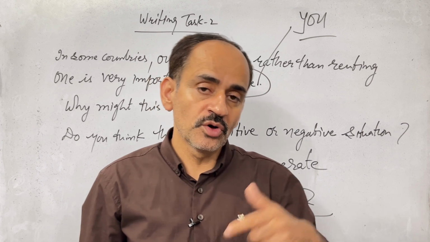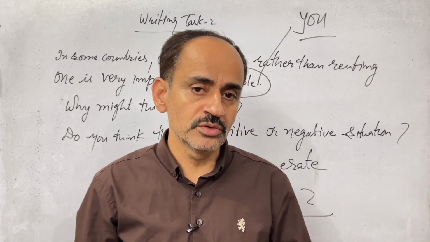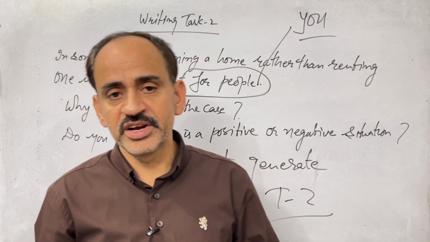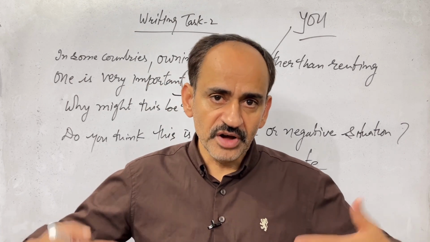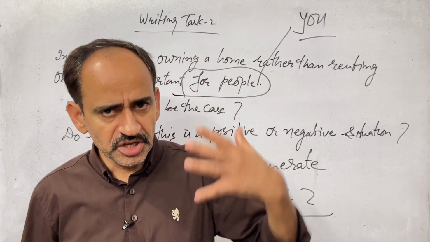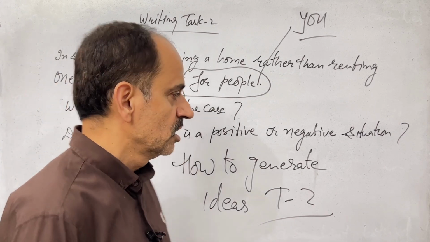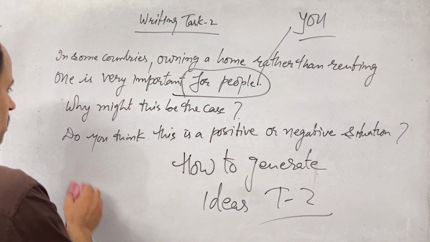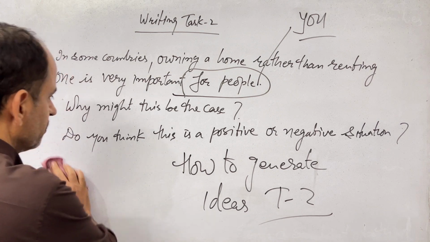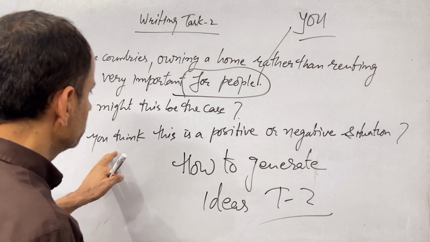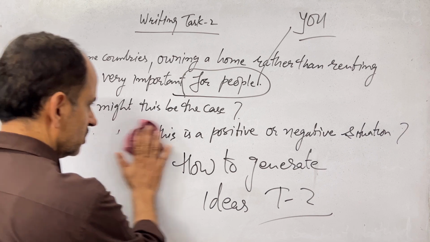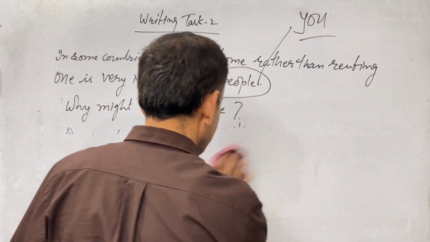Why is not living in a rented house is important to you? If you live in a rented house, then what kind of harms would be there? So think about these things. When you think about these things, then you will get so many points there, and after that you need to write, is it positive or negative situation? So we will come to that later.